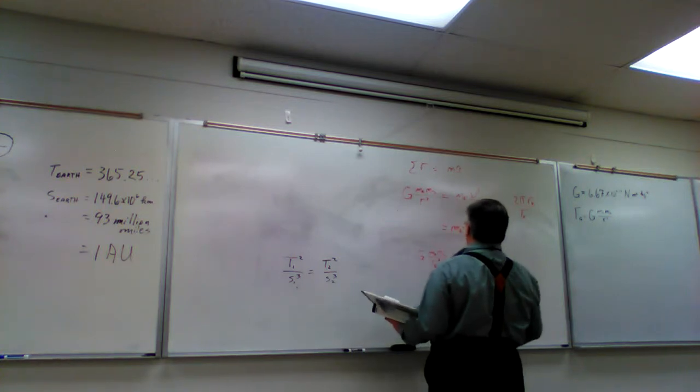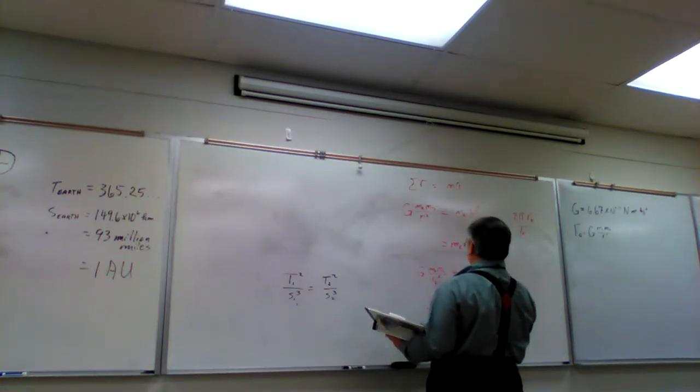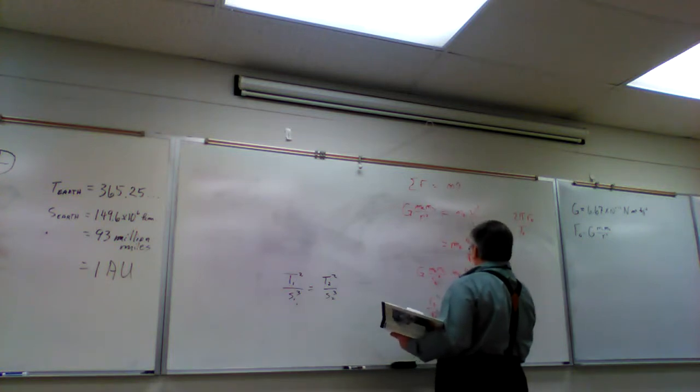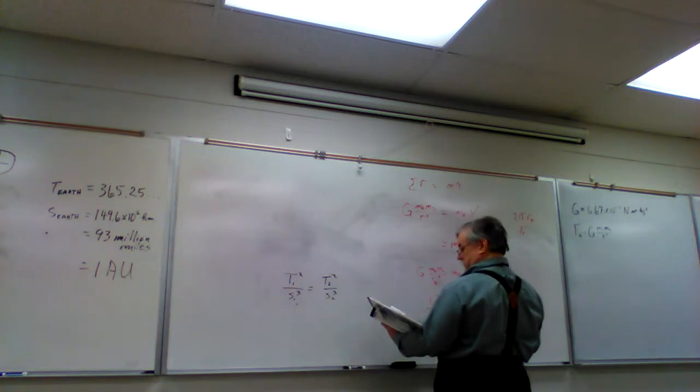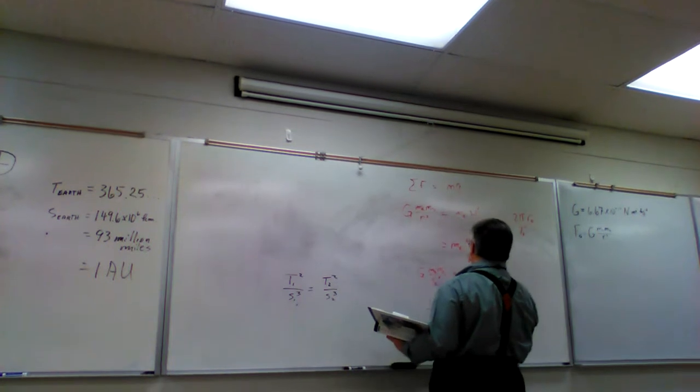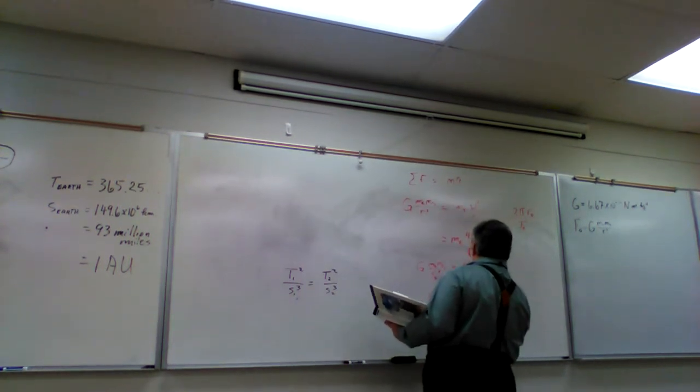Cancel out both of the masses of the Earth. That leaves 4 pi squared. And we have to divide by G times the mass of the sun.